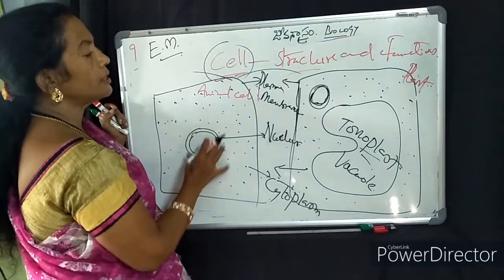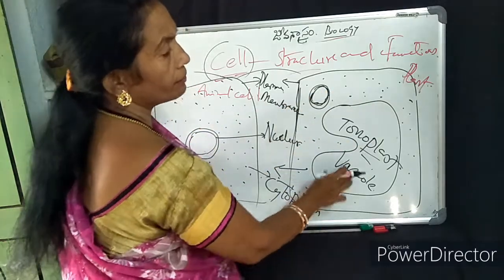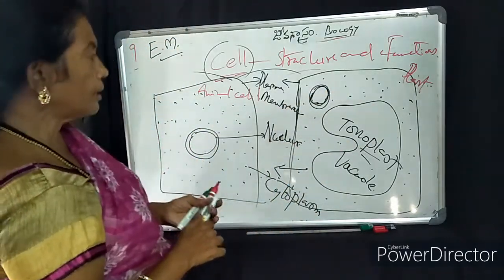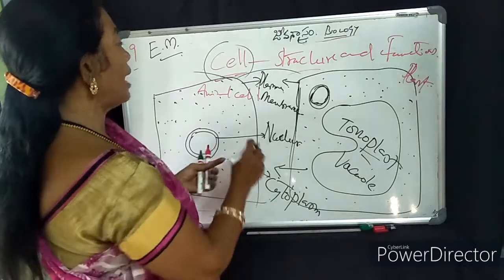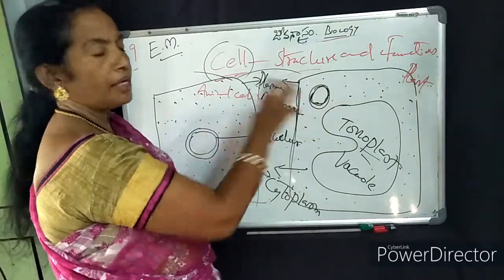These are the organelles of this animal cell, and these are the organelles of the plant cell. And the plasma membrane we have in both cells, that means in animal cell and plant cell.